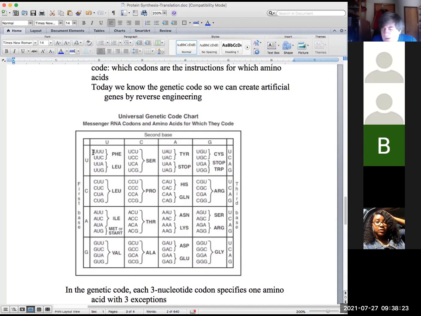Well, think about what happens if you have a mutation that changes that to GAA. So instead of AAA, suppose we have a mutation that changes the first A to G. So now we have GAA. So what RNA is complementary to GAA? Well, CUU. So notice instead of getting this amino acid, PHE, we would get a different one, leucine.